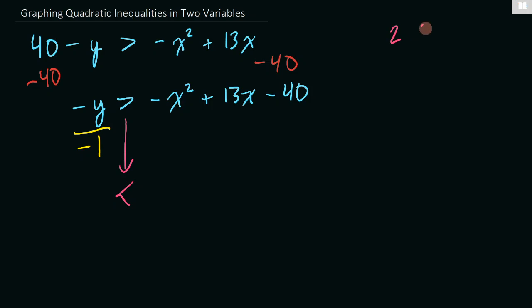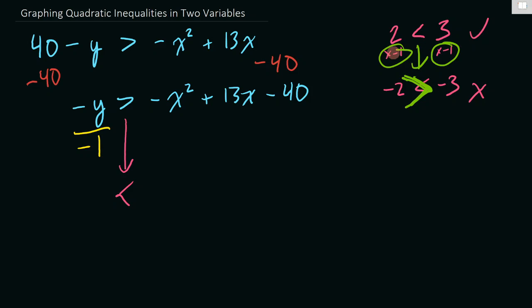If we've got 2 less than 3, okay, good, we agree with that. If we multiply both of these by negative 1, we get negative 2 less than negative 3. Negative 2 is not less than negative 3. Negative 2 is greater than negative 3. You actually have to flip this to be the other way around when you multiply or divide by a negative.